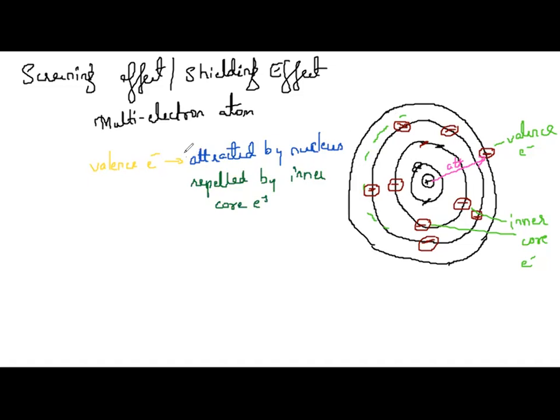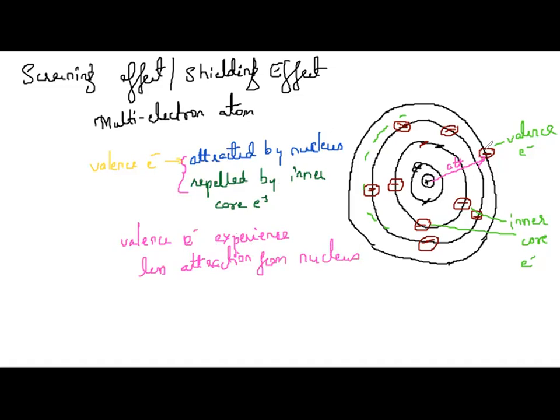So due to the combined effect of this attractive force of the nucleus and repulsion of the inner core electrons, the valence electron will experience less attraction from the nucleus. Yes or no? Nuclear attraction is not decreasing. I am not saying this attraction is reducing.